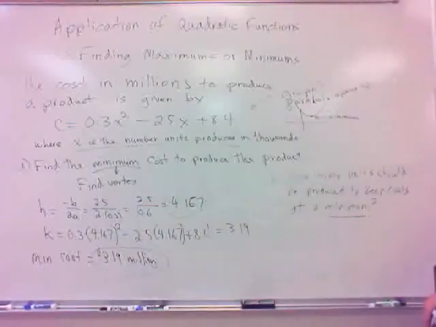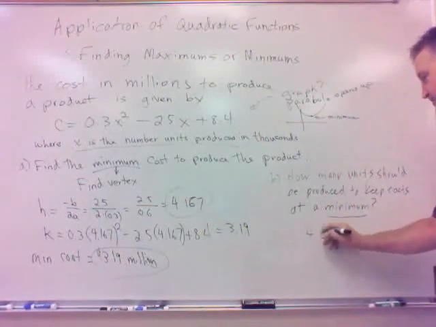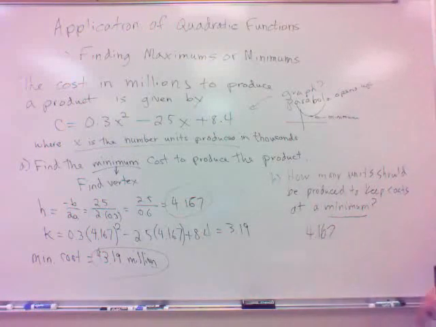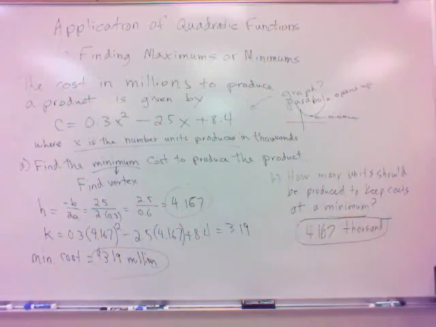Now, it's not 4.167 units, though, is it? What's the answer? It is the h value. We're going to use 4.167, but x is in thousands. So it's 4.167 thousand, which is about 4,100.